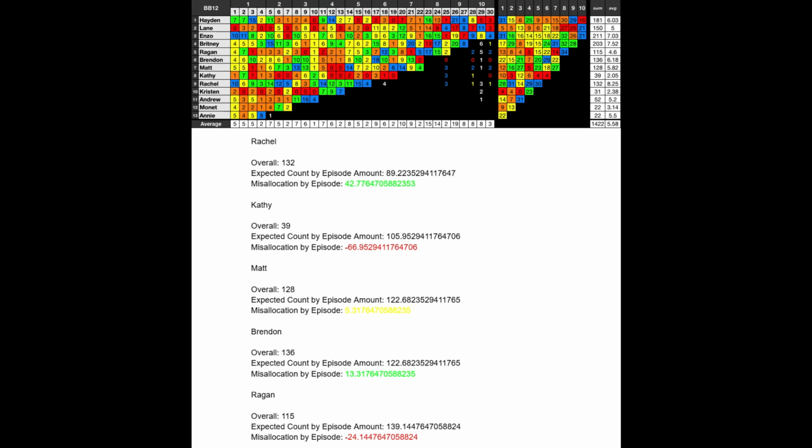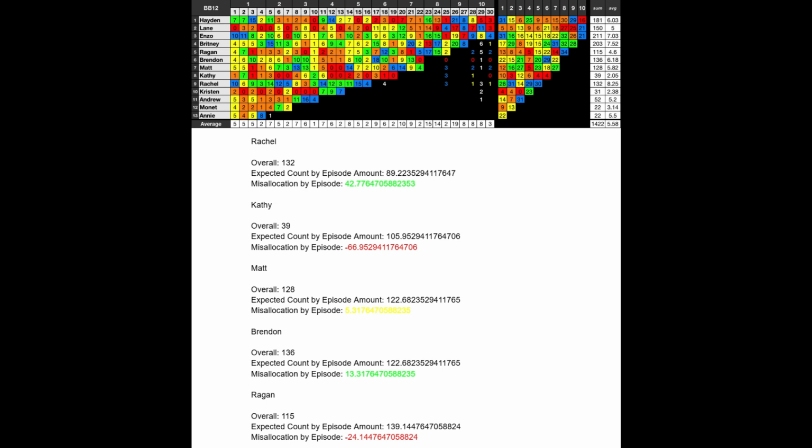Matt has 128 diary rooms, and his expected count by episode amount is 122, meaning that he's essentially missing 5.31 diary rooms, but he's still in that perfect median range. Brandon has 136 diary rooms.